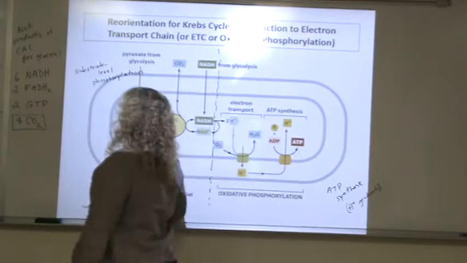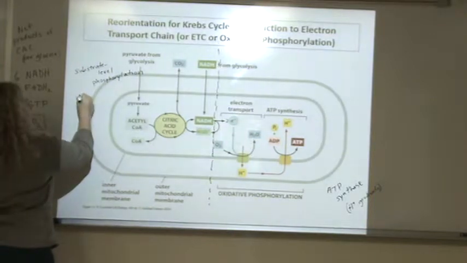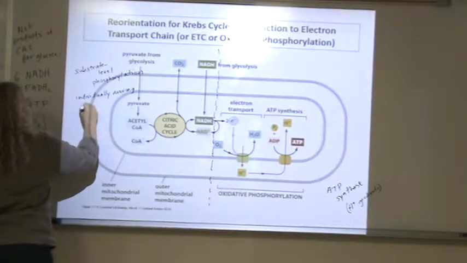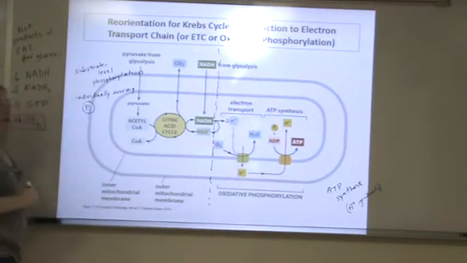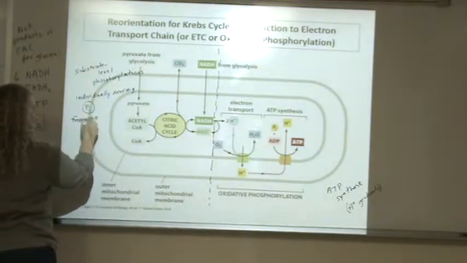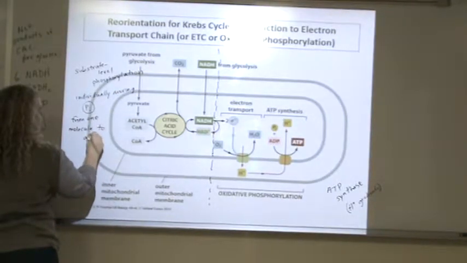If ATPs are made some other way besides that, that's substrate level. So substrate level phosphorylation is kind of like individually moving phosphate from one molecule to another. That's substrate level.